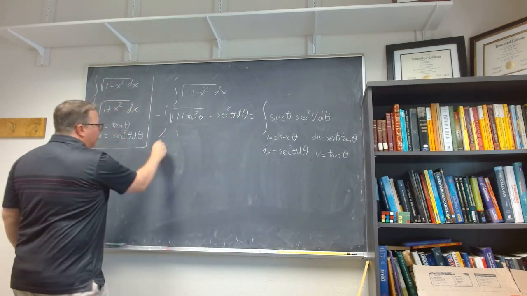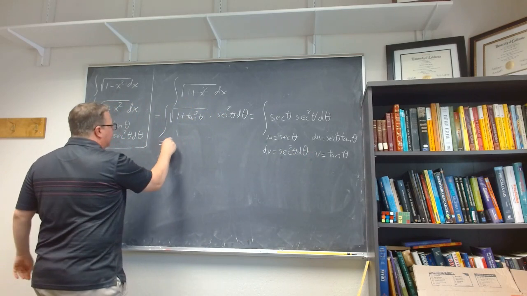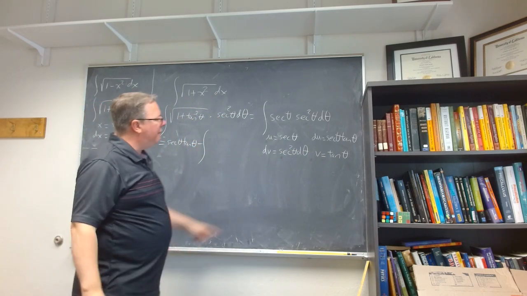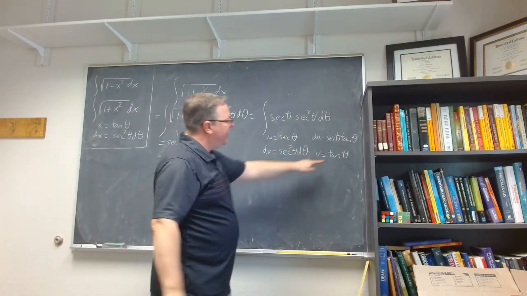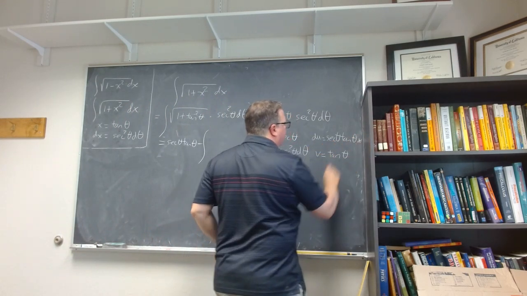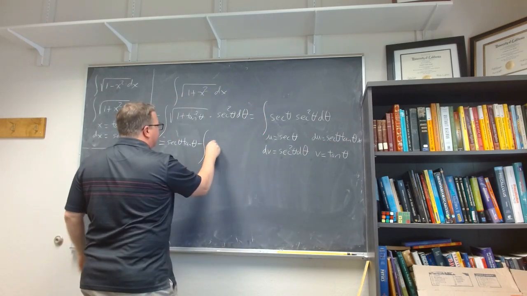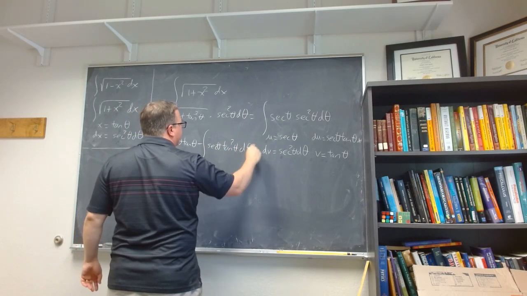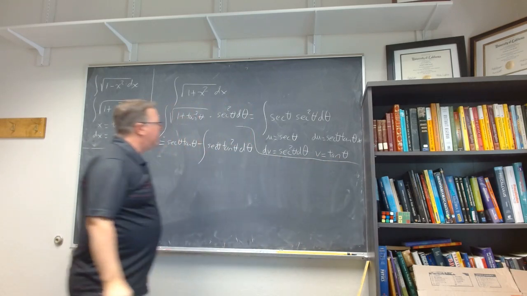So now from our integration by parts, we go u times v, so secant theta tangent theta, minus the integral of v du. So we're going to have tangent theta times secant theta tangent theta. Oops, I'm missing my d theta there. So tangent squared secant theta, so I'm going to have secant theta tangent squared theta d theta. Let me make sure this is separated.